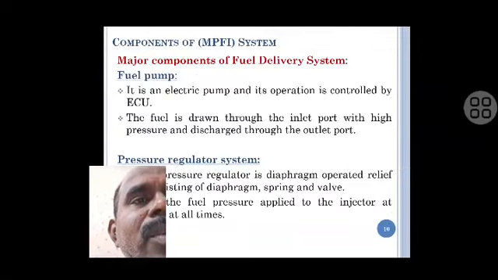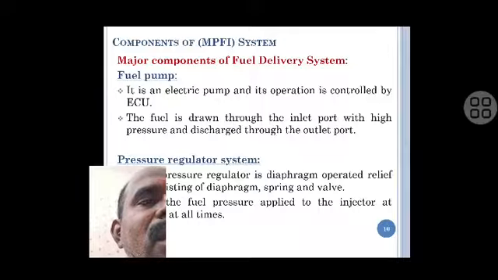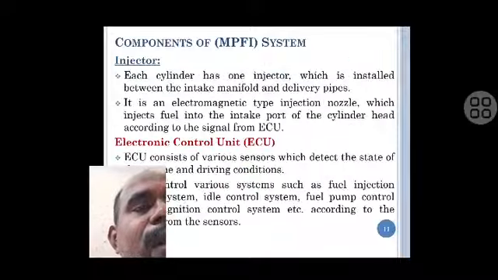The fuel pump is an electrical major component of the fuel delivery system, along with the pressure regulator. The electric pump's operation is controlled by the ECU, and it discharges at high pressure through the outlet port. The pressure regulator is a diaphragm with a relief valve.